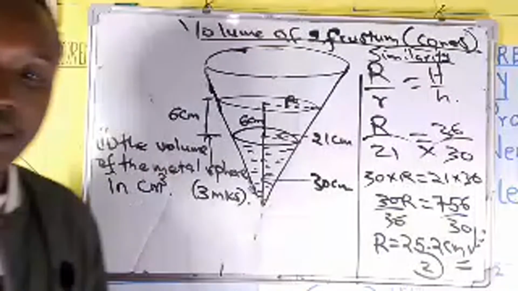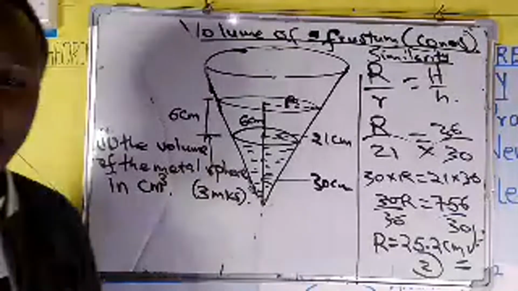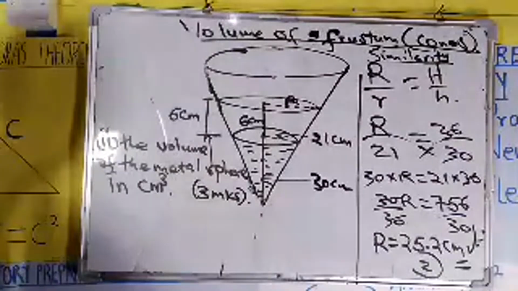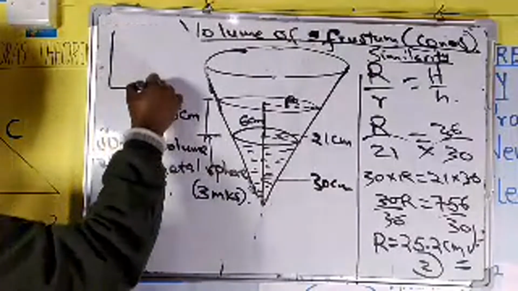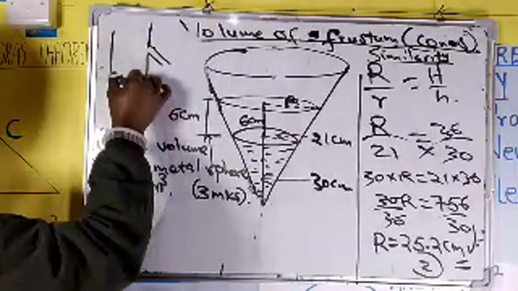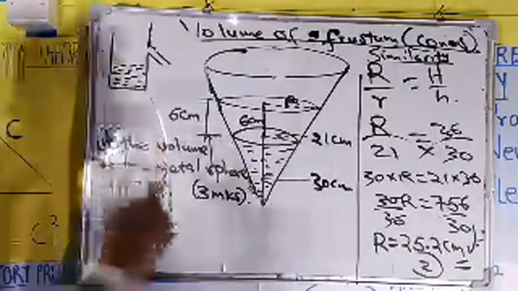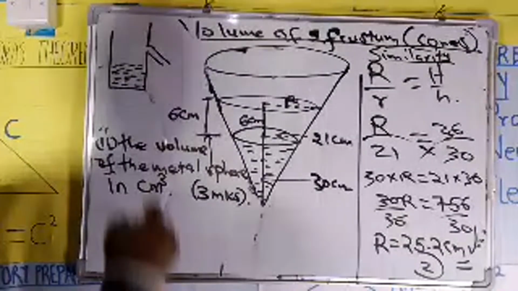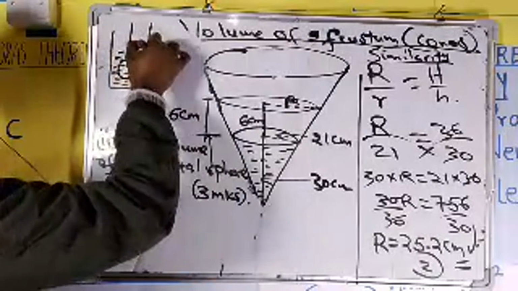So listen, I know if you are doing physics, some of you have applied this in physics, where we say that if you have a eureka can in this shape, and we have water to that level, and we want to determine the volume of the stone. Maybe you are dipping a stone in. This water is going to be displaced na itaenda juu.